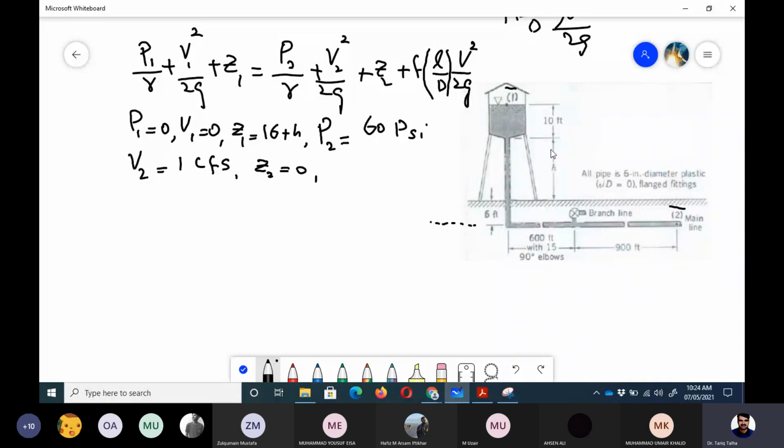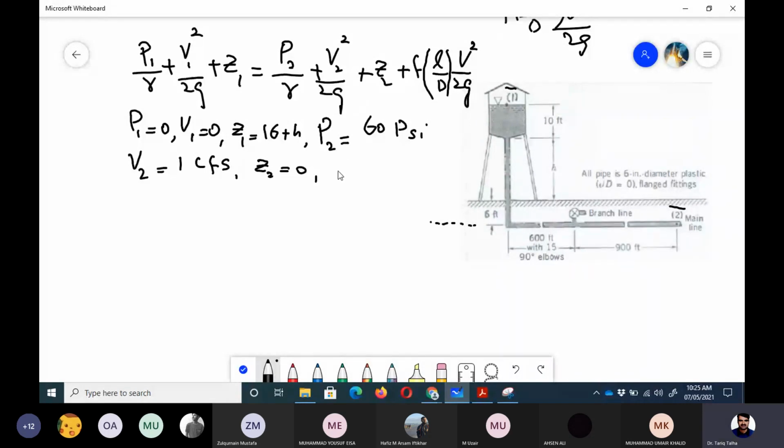What is the length here? If you see here, it is 600 feet of straight pipe, then 600 feet with 1.1590 degree elbow. So elbows would come in the minor losses, which we are neglecting at the moment. So 600 feet plus 900 feet, 1500, 1500 plus 6 plus 10.